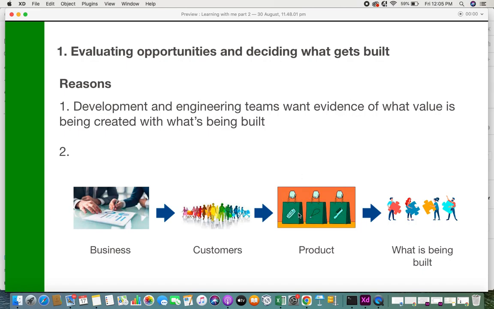It's via products. They buy products, and how do they buy products? They decide on different factors. Unless it's something that's solving their business case, that's really easing their life, they don't buy a product. And how does that product really shape up? It's because of what is being built.